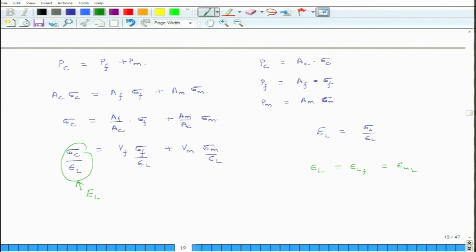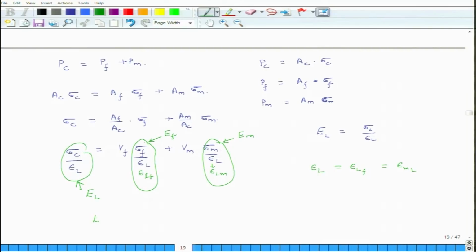So, I can replace this by epsilon LF and I can replace this by epsilon LM, and then what is sigma f over epsilon f? This thing is Young's modulus of the fiber in the length direction, and this is Young's modulus of the matrix in the length direction.